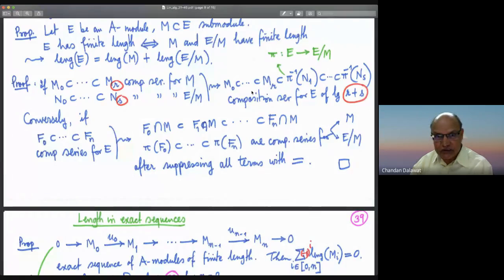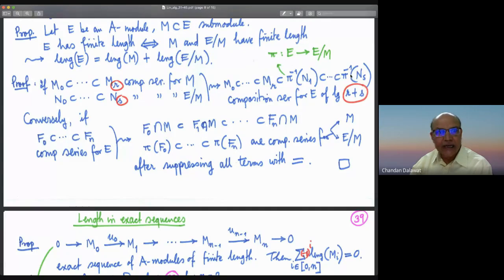Is it a composition series? In other words, are the successive quotients, the so-called composition factors, simple? Now, for the first half, it's clear because they're given to be simple. Mi modulo Mi minus 1 is a simple module for every i. How about the second part?